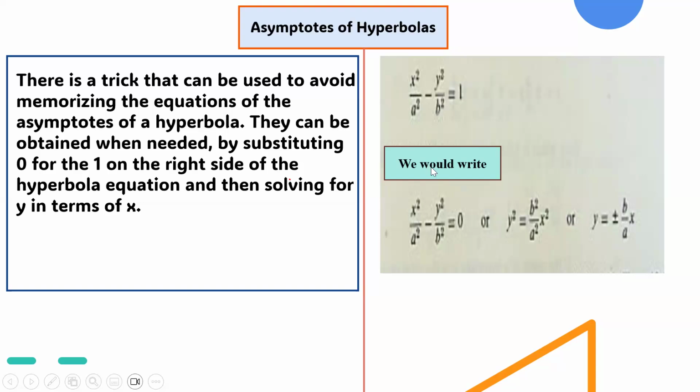So there are 3 ways that this can be written. The first one is x squared over a squared minus y squared over b squared equal to 0, or y squared equal to b squared over a squared x squared, or we can have y equal to plus or minus b over a x.